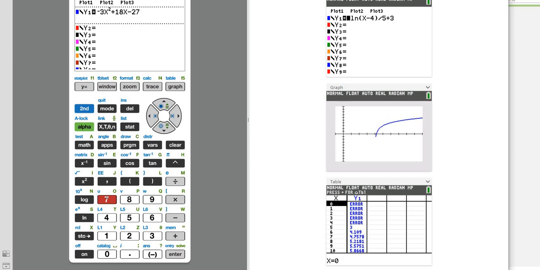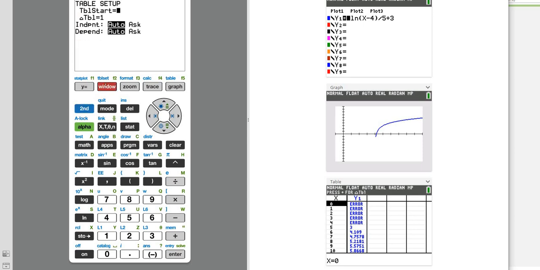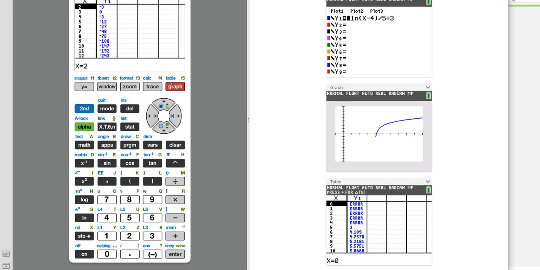To set up our window, just go to our table set. Mine's starting at 0, going up in ones. I want it to start at 2 because our values start at 2. Then we just go to table. So we can see that at 3, we've got 0, which is what we expected.